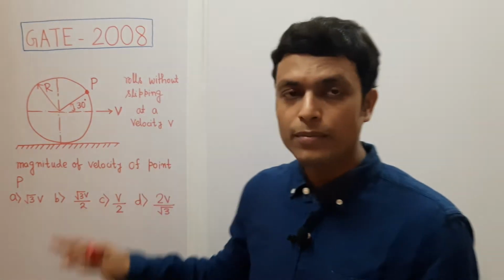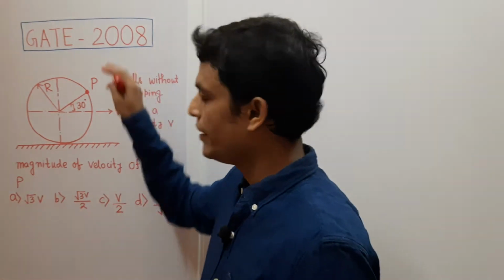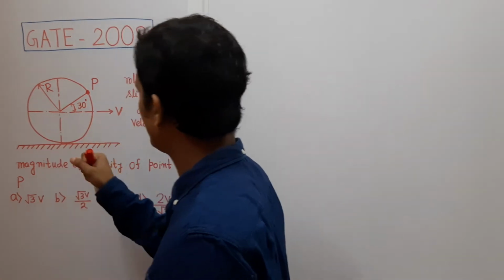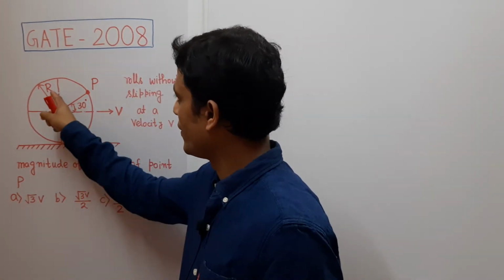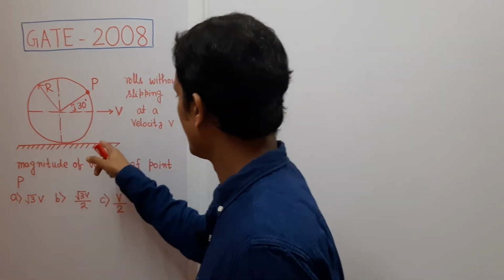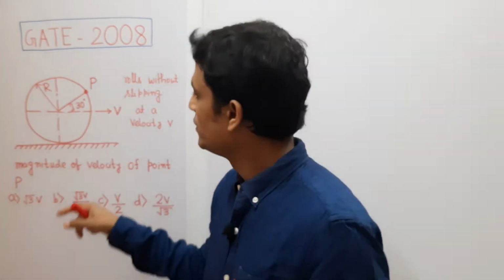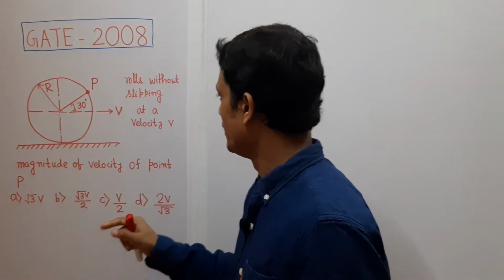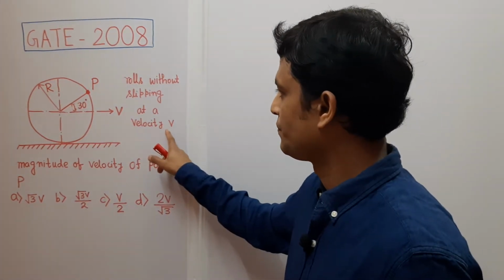The first problem is from GATE 2008. There is a circular disc of radius r which rolls on the surface without slipping at a velocity v.